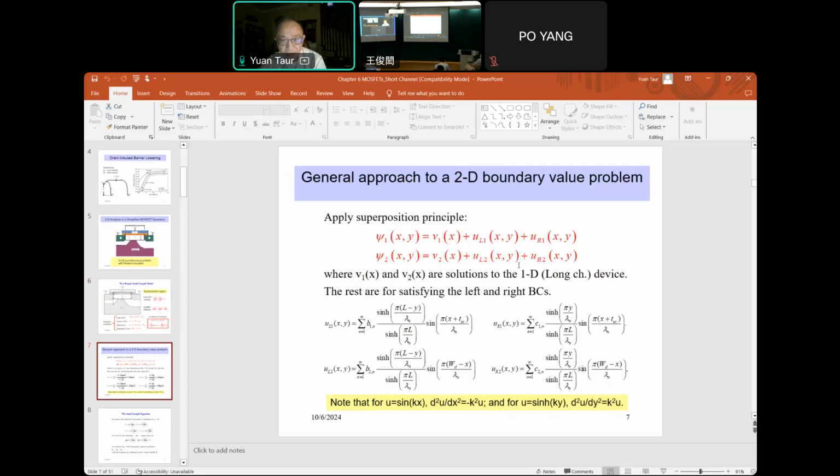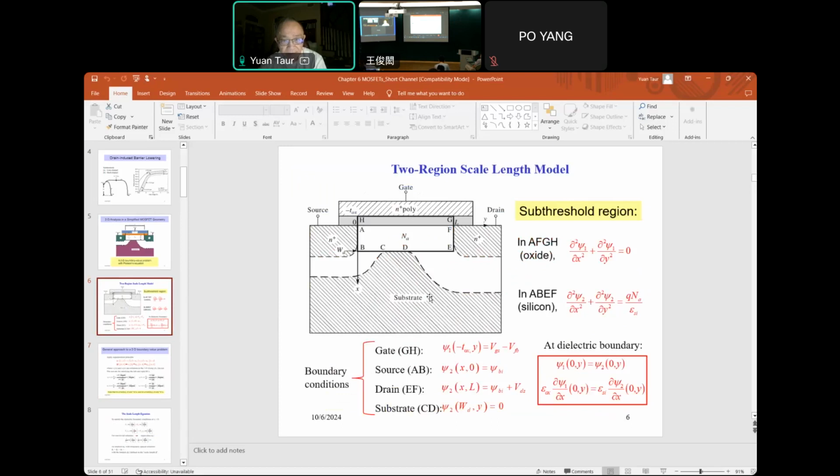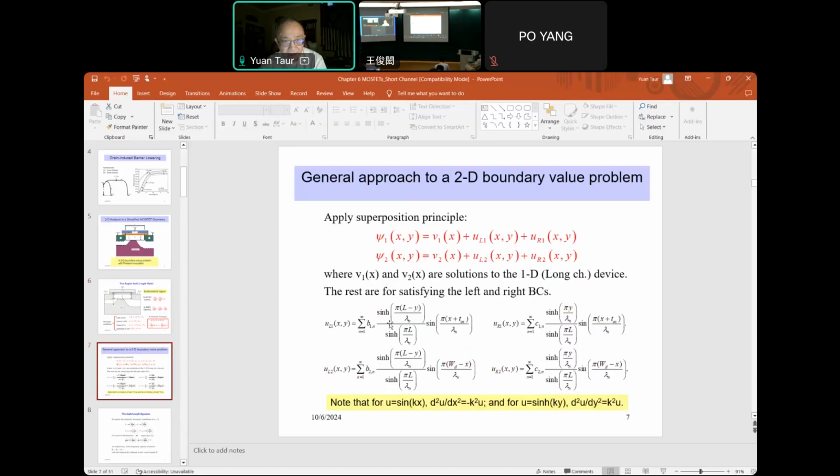So those four functions should vanish at the top and the bottom. Top means x equal to minus Tx for psi 1. So you can see that's why this is written as sine of x plus Tx. If x equals minus Tx, that's 0.